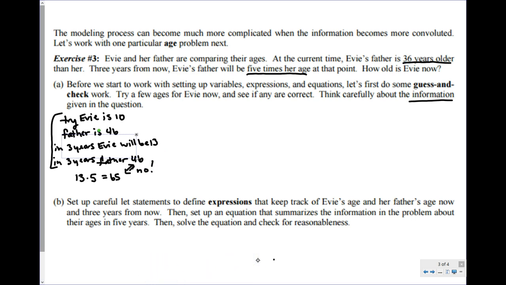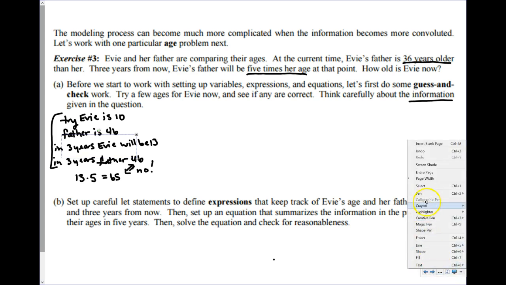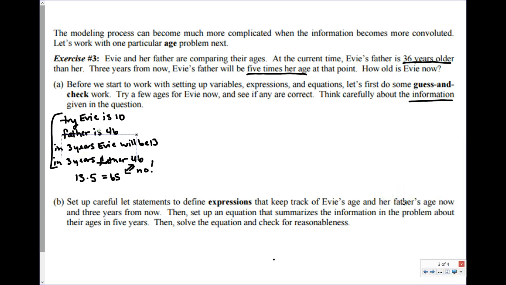Let's try another number. How about we try Evie being 4? The father would be then how old? The father is 36 years older, so then the father would be 40. In 3 years, Evie will be 7, because 4 plus 3 equals 7.